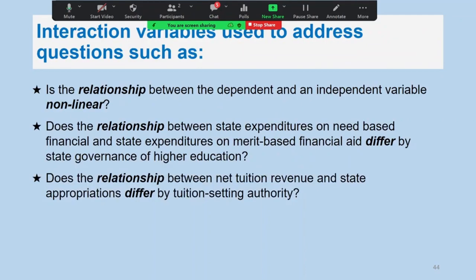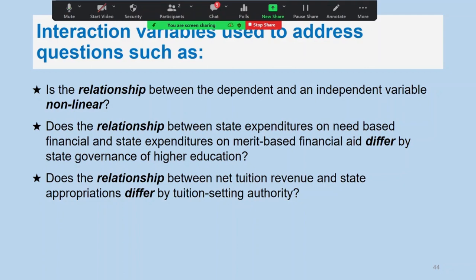It's used to address questions such as, is the relationship between the dependent and independent variable nonlinear? Remember we had that x squared term showing the curvilinear? We can actually get at that by multiplying, in essence, two variables, the same variable. Does the relationship, say, between state expenditures on need-based financial aid and state expenditures on merit-based aid differ by state governance of higher education?